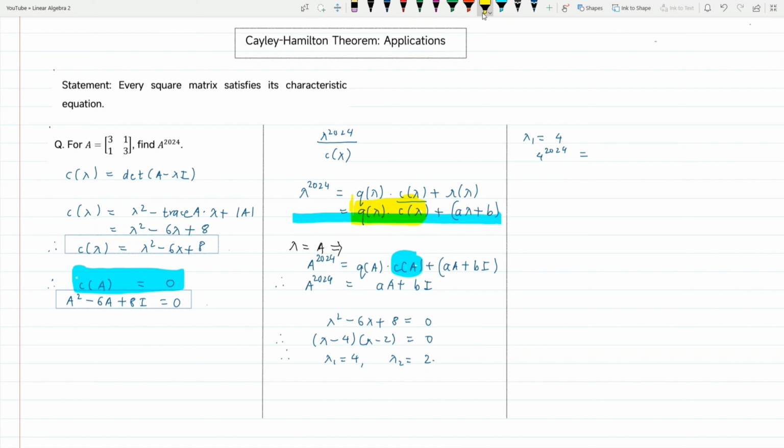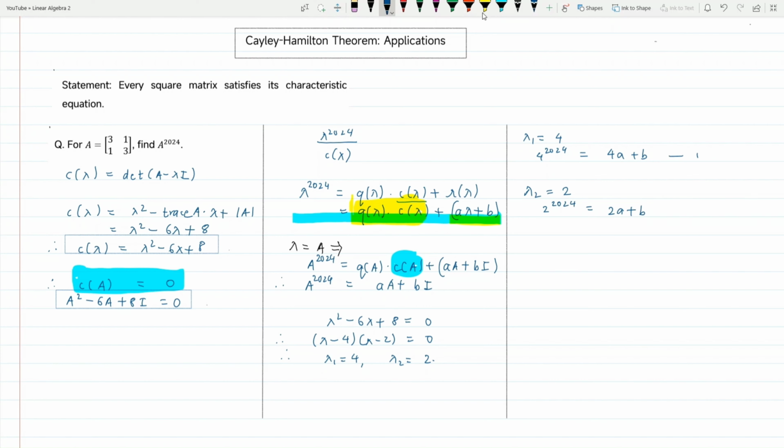We will be only left with the expression aλ + b, which is the remainder. Thus we have 4^2024 = 4a + b. Similarly, if I substitute λ2 = 2 in the same equation, we get 2^2024 = 2a + b.